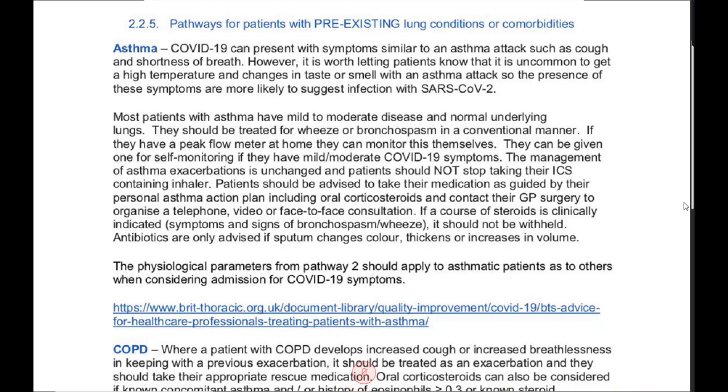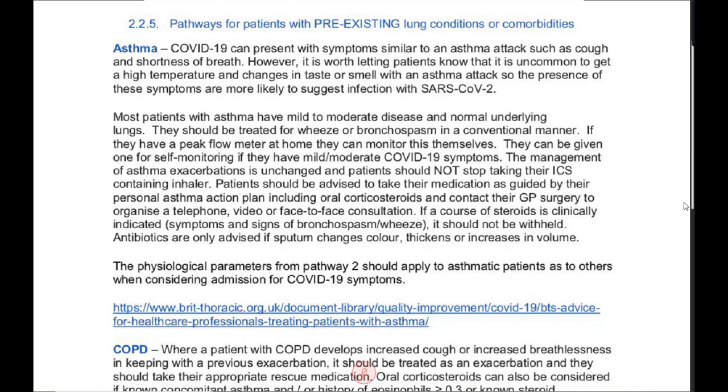In an acute exacerbation, in the absence of COVID symptoms, patients with asthma should, if they're having a very severe exacerbation, take an oral steroid course as per their asthma management plan. They should not be denied oral steroids because in asthma, oral steroids can be life-saving for them.